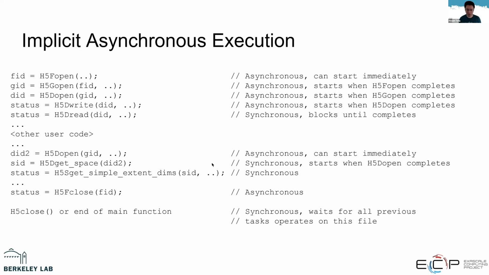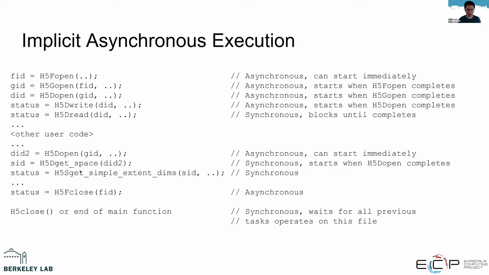So some code snippets. This slide shows the implicit mode, where on the left-hand side you see the application's normal HDF5 function calls. With the implicit mode, there's no need to modify any of this code.